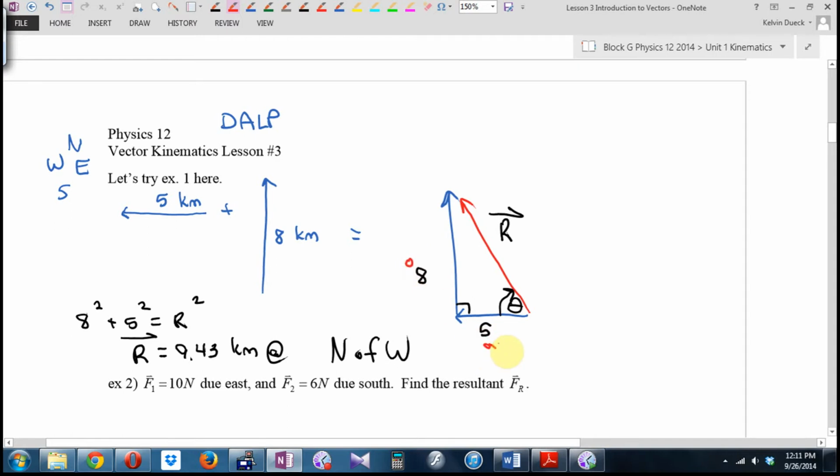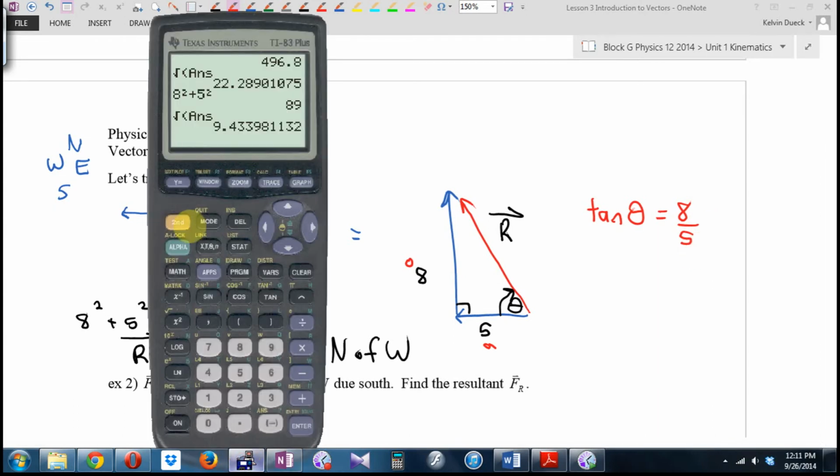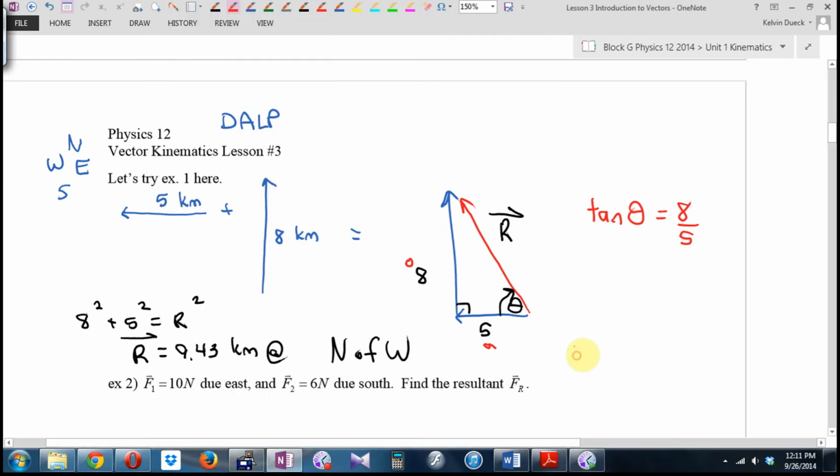It'll usually, not always, but usually be tangent. And how do I find an angle? As we said yesterday, inverse or second function tan. And I get 58 degrees north of west. Right? Come back to you?